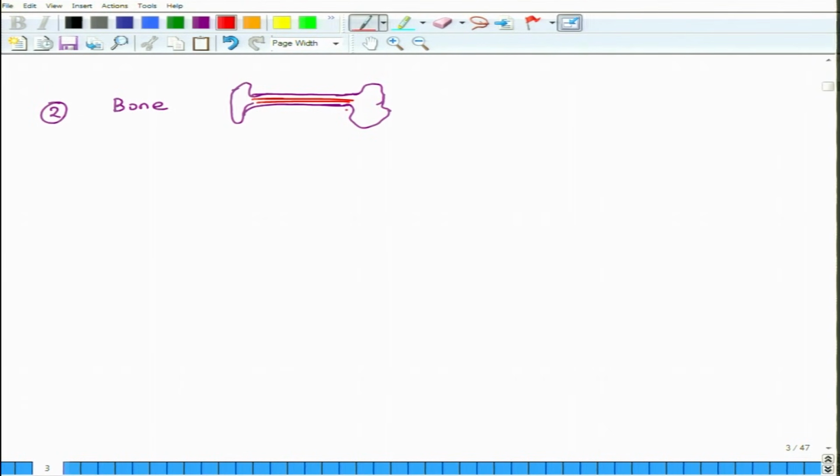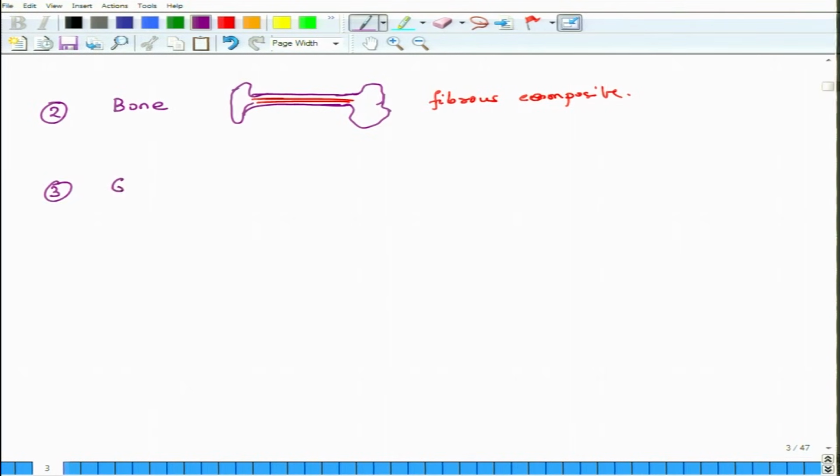So, there are fibers running along the length of the bone, and then it is immersed in a soft organic matrix. So, again this is also something like a fibrous composite. I will go with one more example. So, this is again a natural composite, and within natural composites it has fibers. So, we can call it a natural fibrous composite.